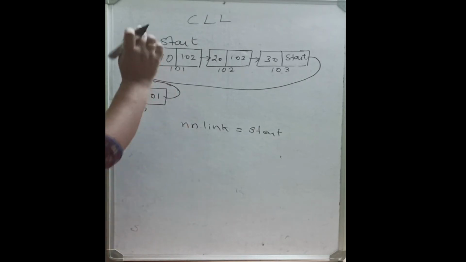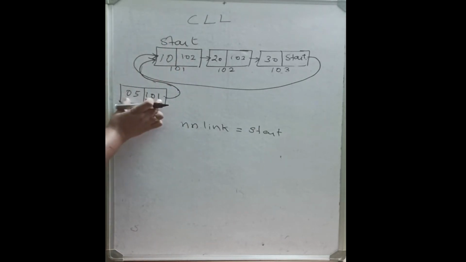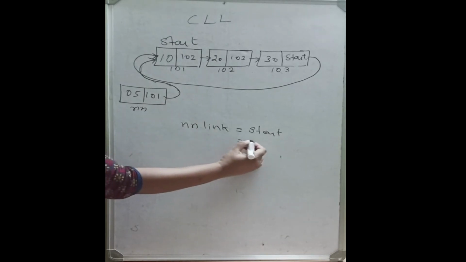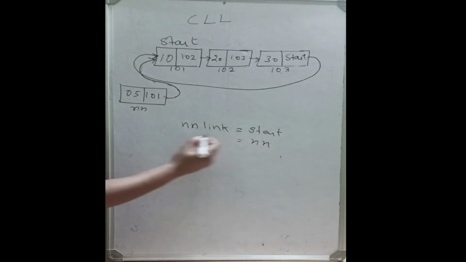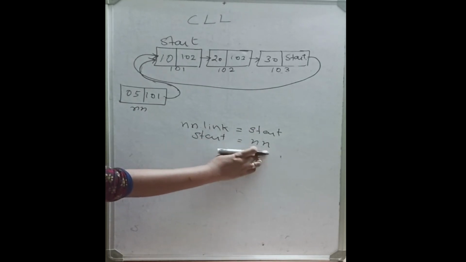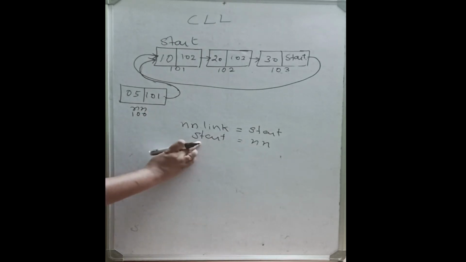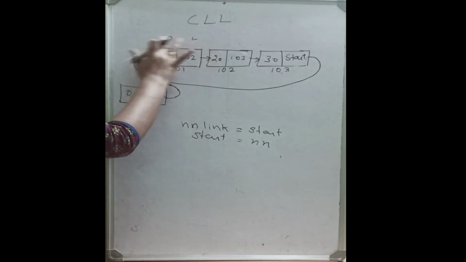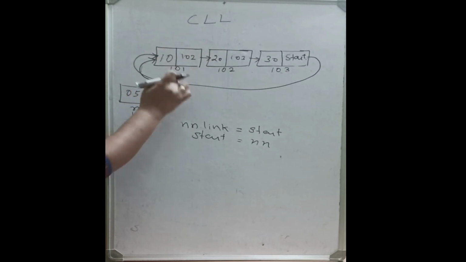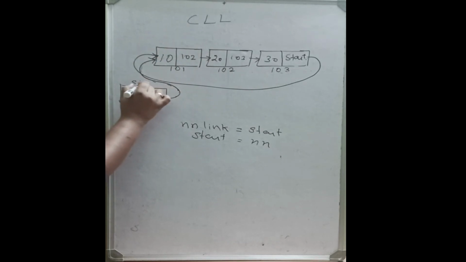Next, I have to make this node the first node, I mean the start node. So new node will be assigned to start. Now what is the address of the new node? The address of the new node will be 100. 100 will be assigned to start. So I will move my start pointer from here to here.